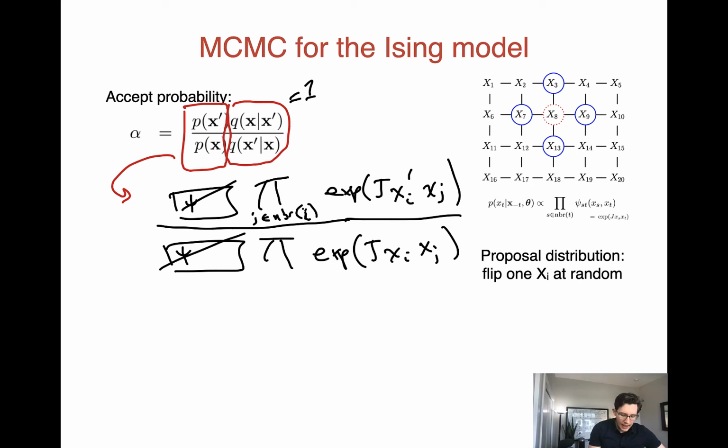By the way, I should add that we have also a 1 over Z in both cases, because recall that p is unnormalized, or rather, if we just multiply together all of our factors, we get an unnormalized probability. So we have to add in our partition function to normalize it, but that's also on the top and bottom, so we can also get rid of that.